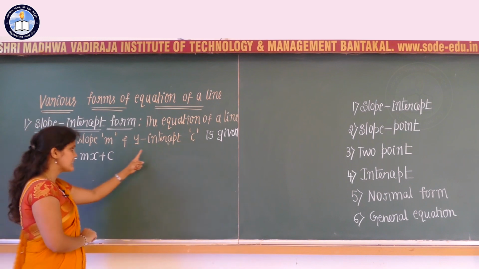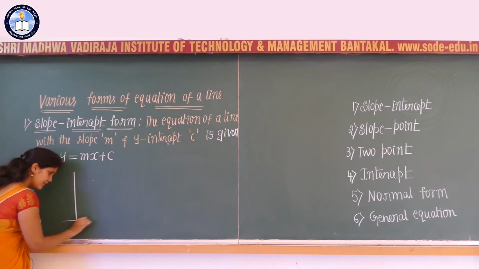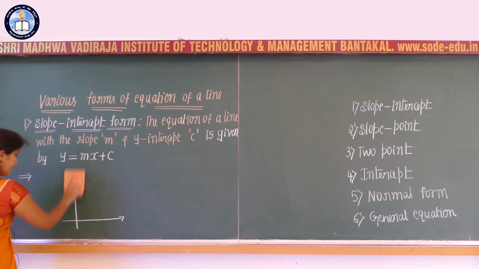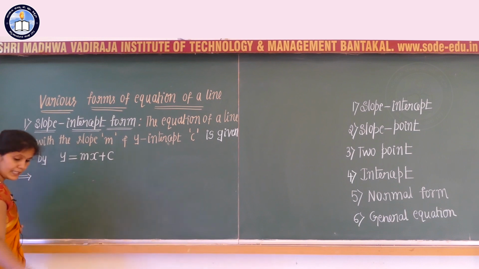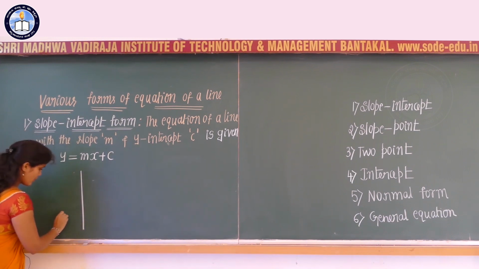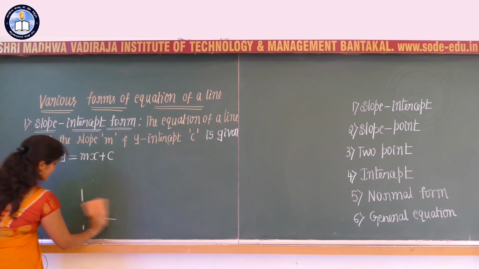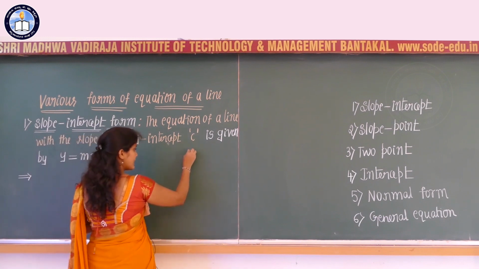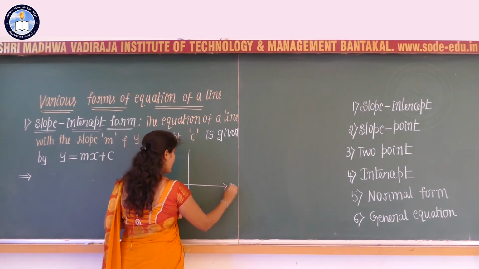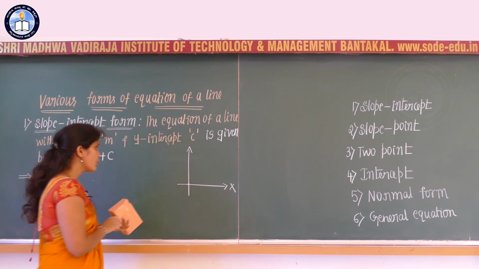By using this given data, let me draw the graph, or we need to consider the proper diagram with respect to the given data. I am going to consider the lines x'ox and y'oy.